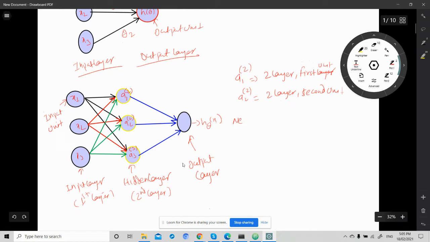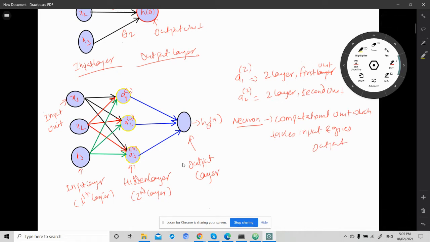What is a neuron? A neuron is the computational unit which takes input and gives output. Here in this example we have three neurons, and our x is x naught, x1, x2 in terms of vector multiplication.